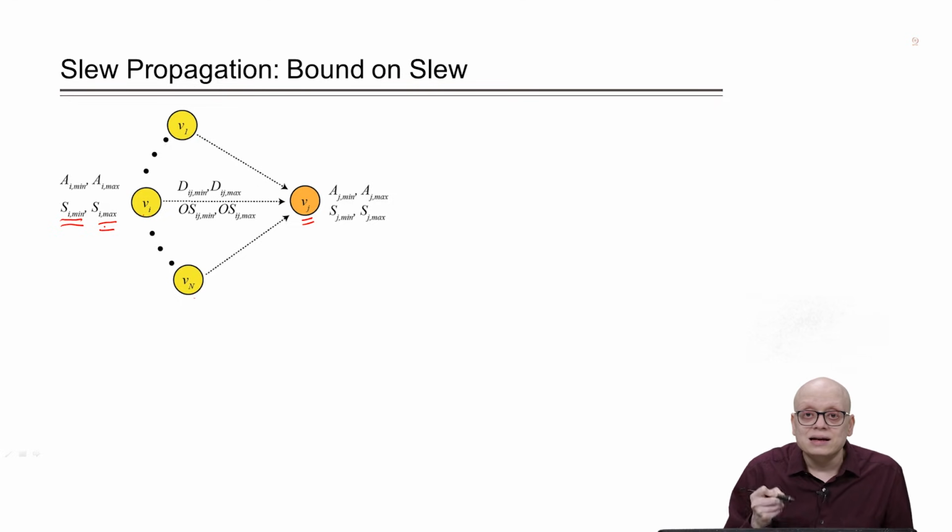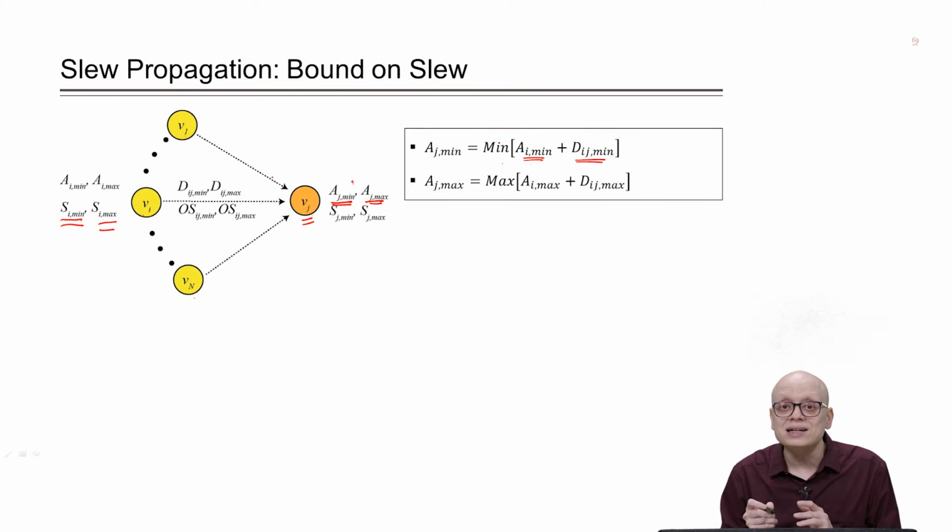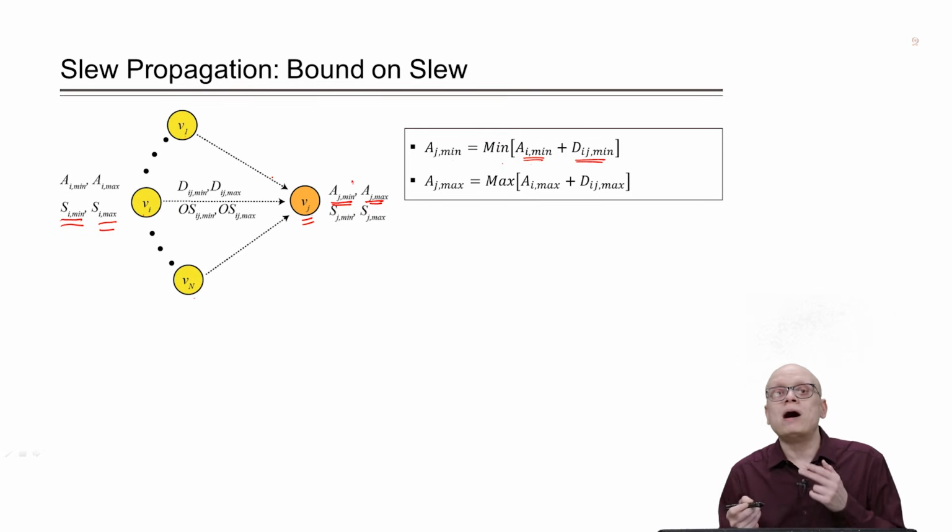So, in our last lecture we had seen how we derive the bound on the arrival time, right. So, the formula was Aj min, the minimum bound on the arrival time at the vertex Vj, is the minimum of Ai min plus Dij min, right. So, each vertex will have its own Ai min. So, we take that and add it with the minimum delay, right. Each edge will have an associated delay, right. Now, this associated delay will be with respect to two bounds of the slews, right.